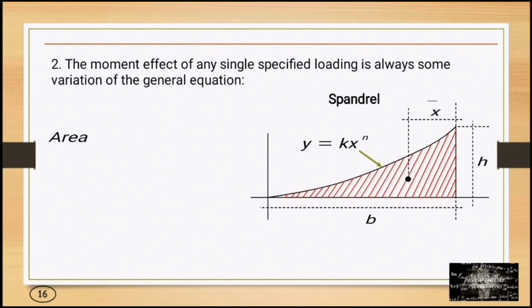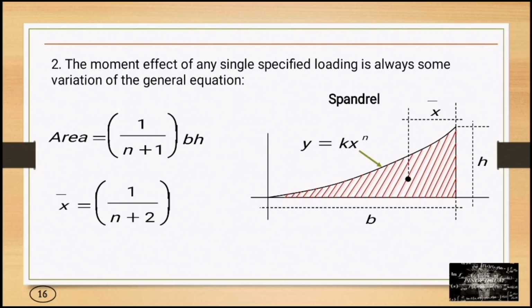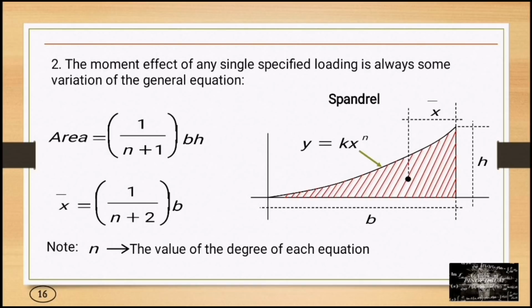So the area of spandrel is equal to 1 over n plus 1 times b times h. Then yung centroid or yung x bar is equal to 1 over n plus 2 times b. Note that the n is the value of the degree of each equation.